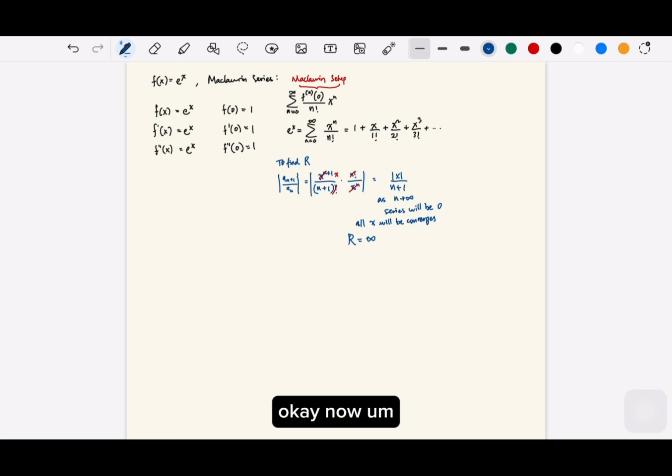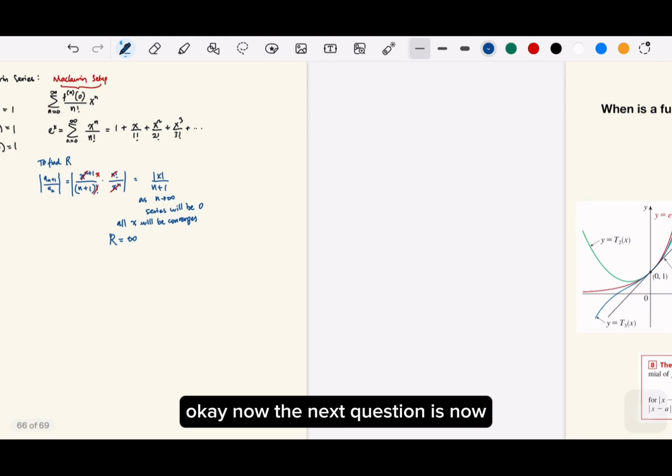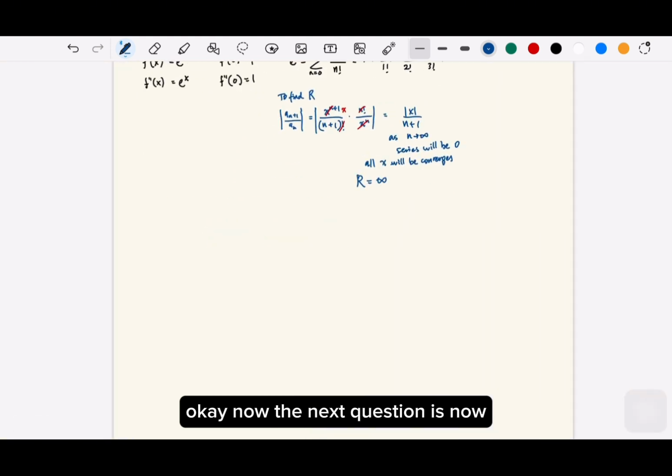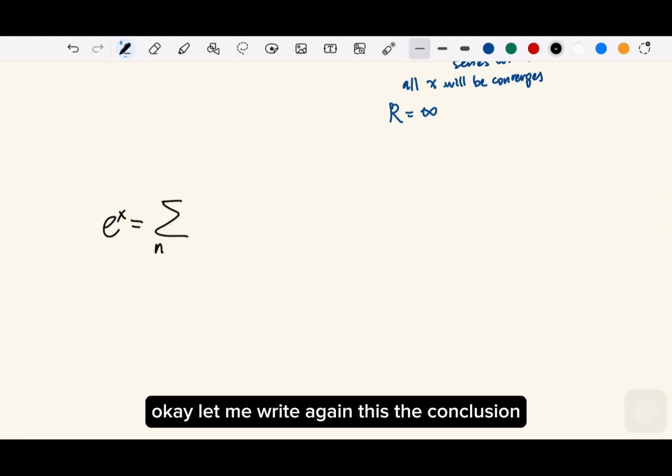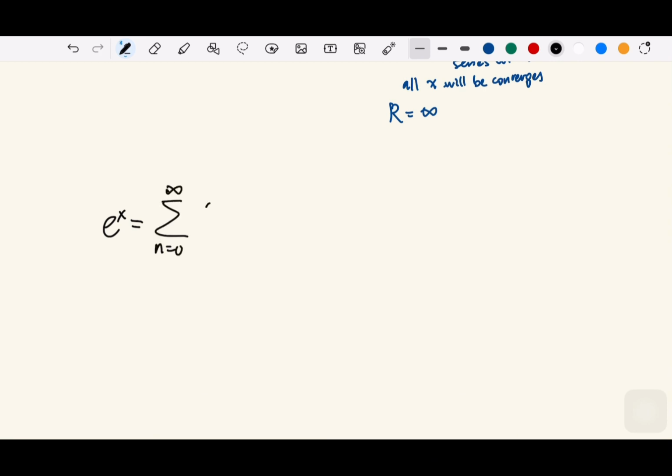Okay, now the next question is, now we know e to the x, let me write again the conclusion. This is equal to this, right?